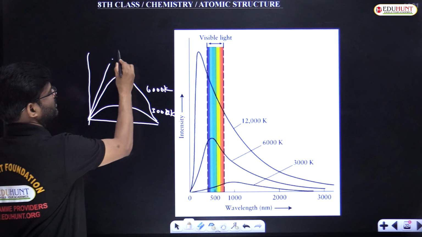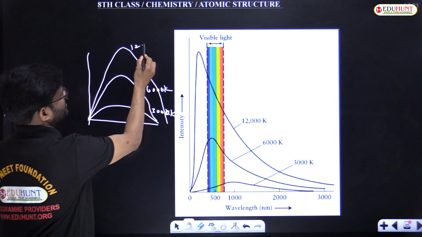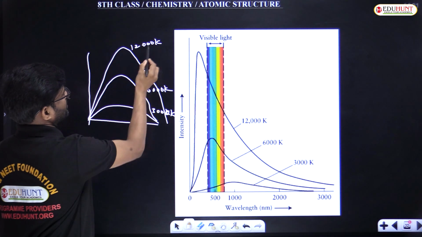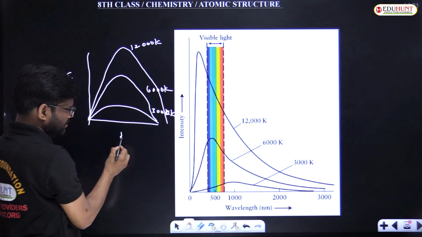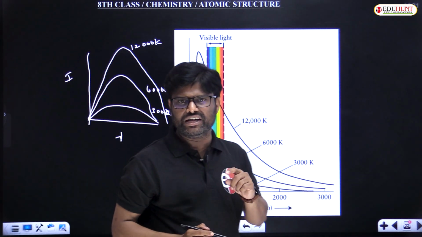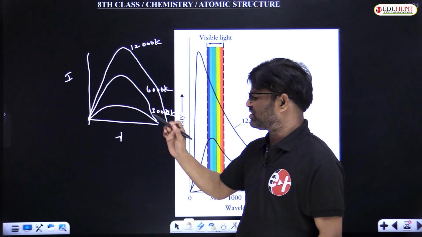Next one more graph, that is 12,000 Kelvin. This is intensity, and this is wavelength, lambda.